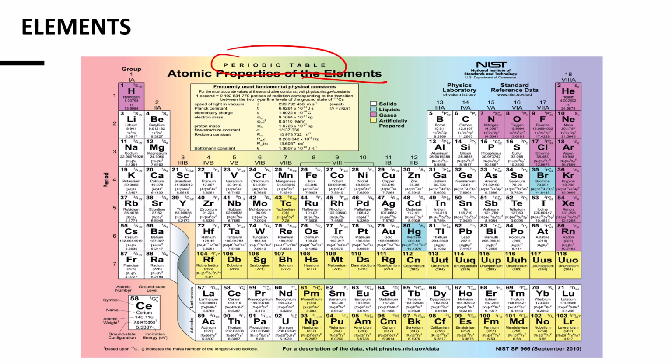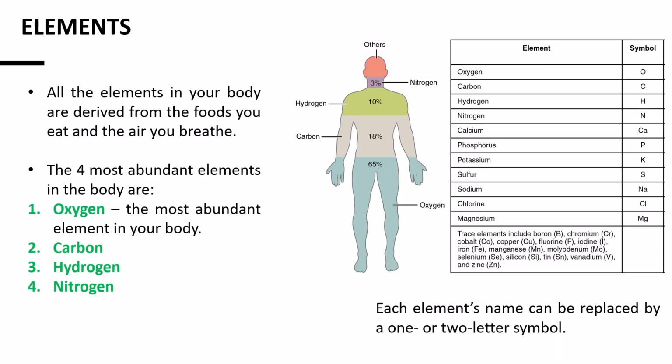I'm also going to talk about what the numbers that you see in the periodic table mean. We're going to talk about atoms and atomic weight, etc. So it's pretty common to know where those elements that are important for the human body are. We're going to talk about that in just a minute.